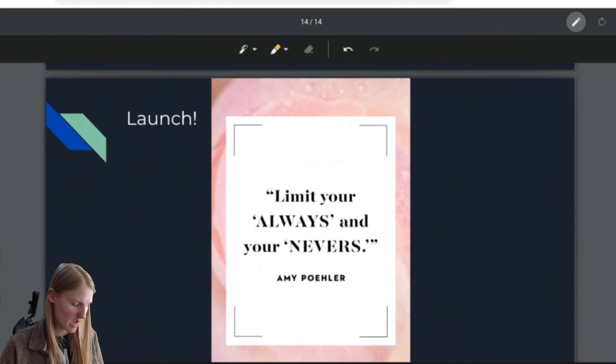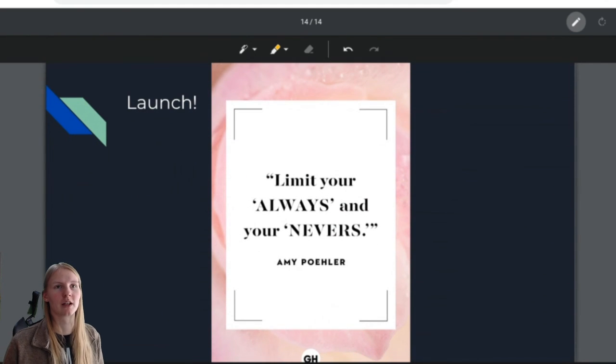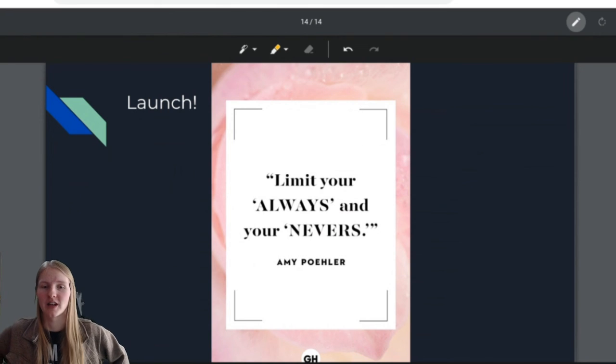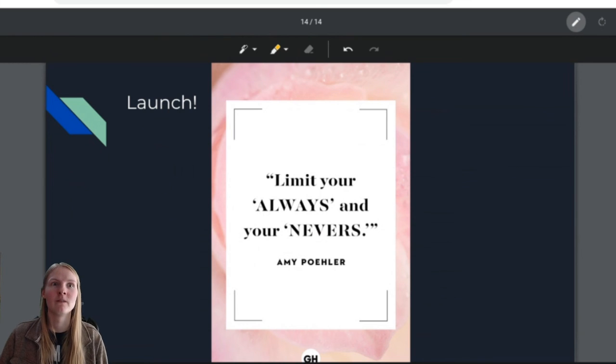Okay. And last, but certainly not least, your launch for today is from Amy Poehler. She's an actress. I very much enjoy her. And what she says is limit your always and your nevers. So, when we say always or never, those are very absolute statements.